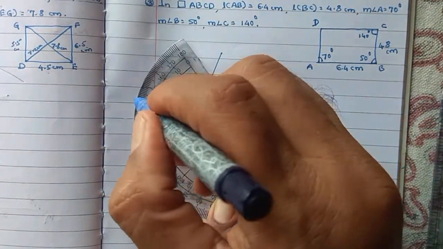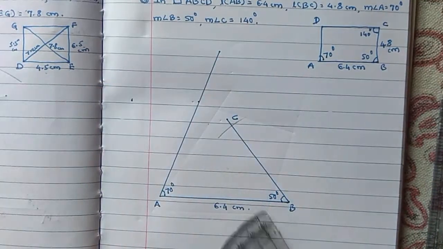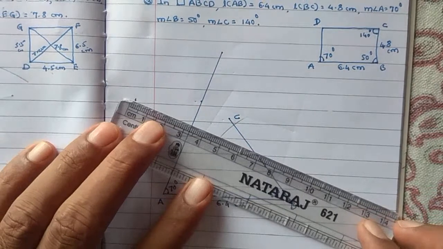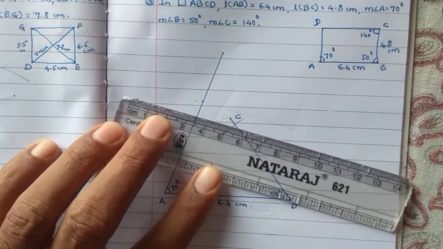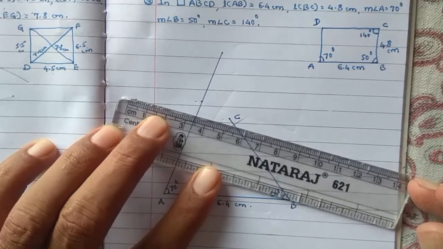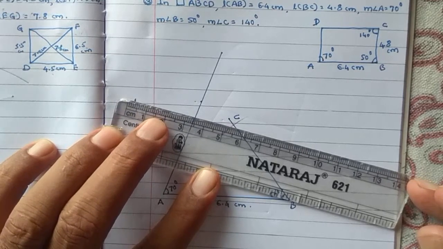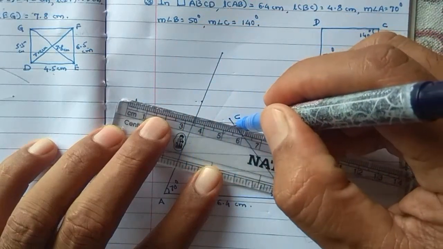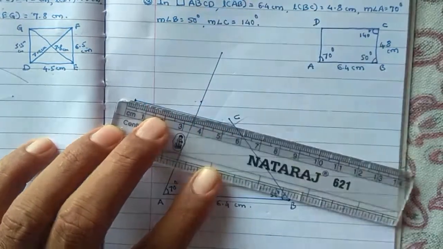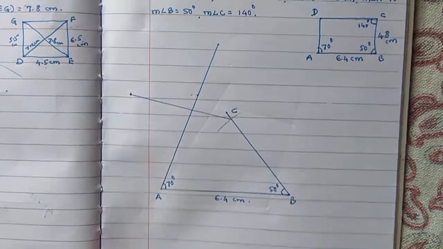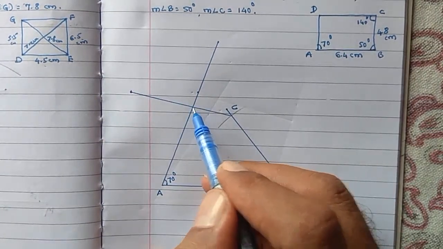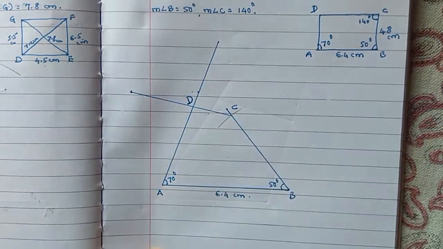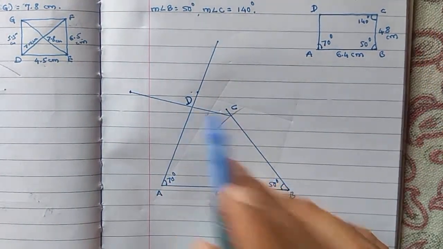Okay. Right. So here we are getting 140 degrees. So let us join this point and the point C. Right. What is the meaning of this intersection now? That intersection is nothing but the point D. Okay. Regarding D, nothing is given.